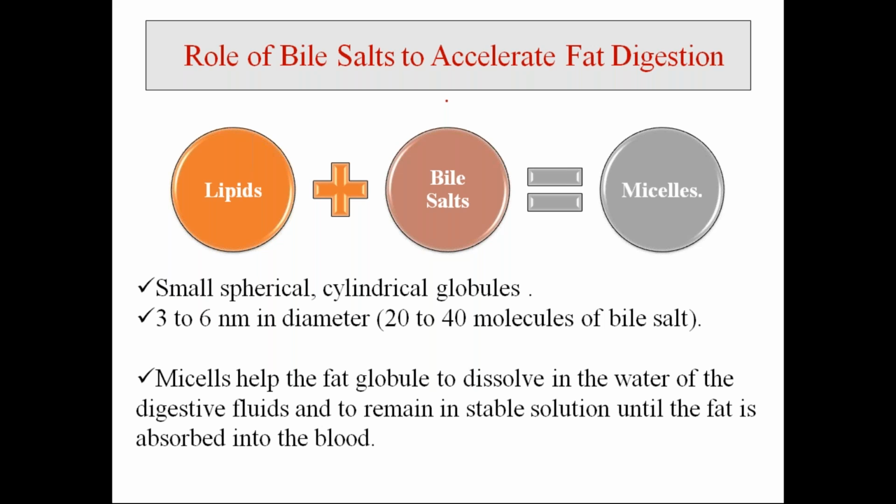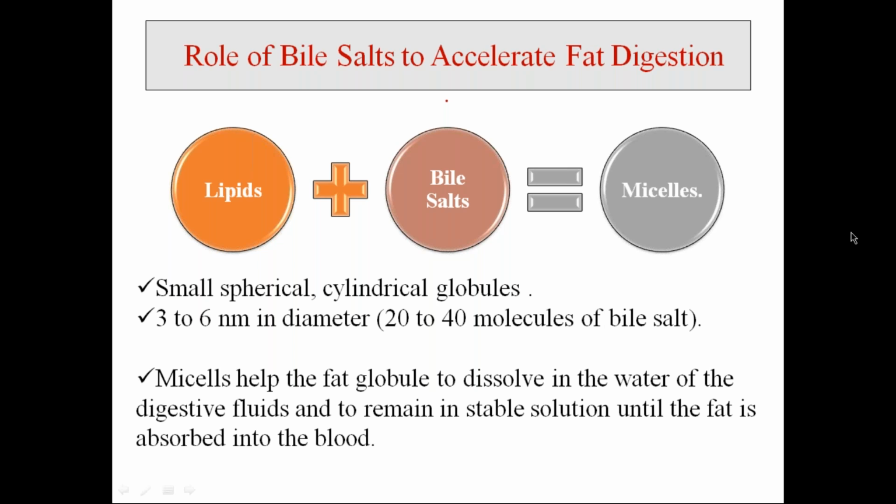Second, it also aids the digestive process, because once digestion starts, free fatty acids and monoglycerides will accumulate there. If they are not removed, they will block further digestion of fats. So you have to remove those free fatty acids and monoglycerides which have been formed. And how will they be removed? Again bile salts will help in that.